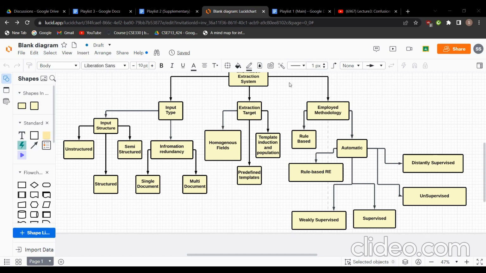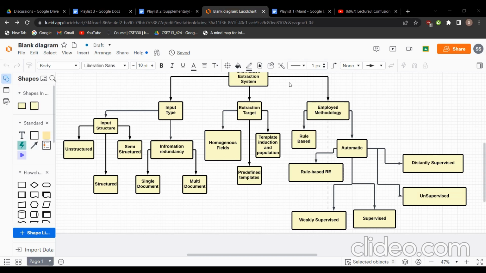And it has some demerits too, like it is expensive to label examples, and expensive and difficult to add new relations. It needs to train a new classifier. It doesn't generalize well to new domains, and it is only feasible for a small set of relation types.